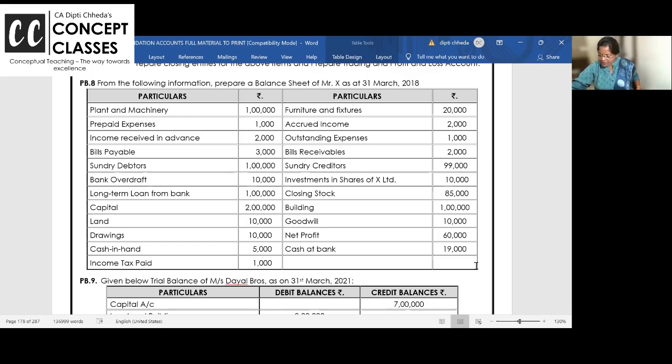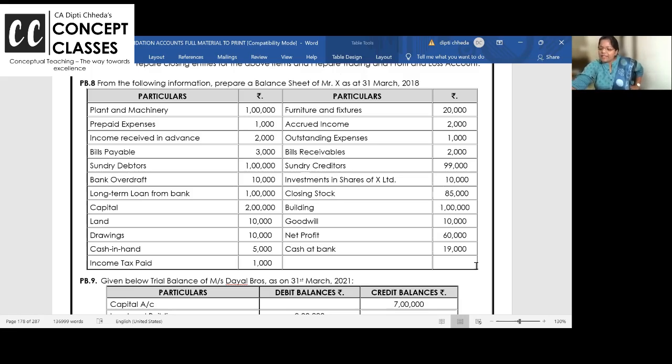But in this problem, if you see the right hand side, that last item. So they have given you the trial balance, they have given you the net profit. That means one thing is clear, that we are not going to prepare the trading and P&L. This is just a problem for you to learn how to prepare the balance sheet. Okay?